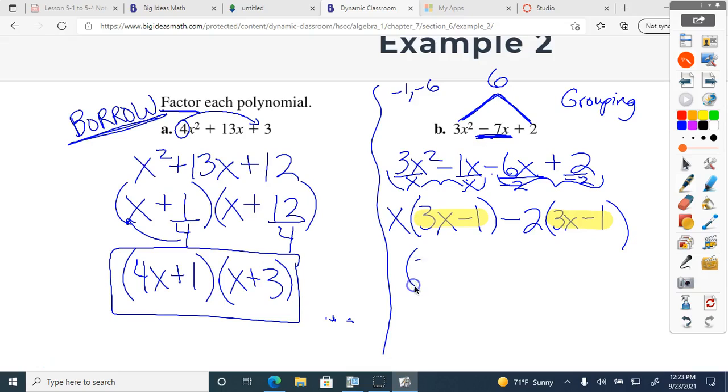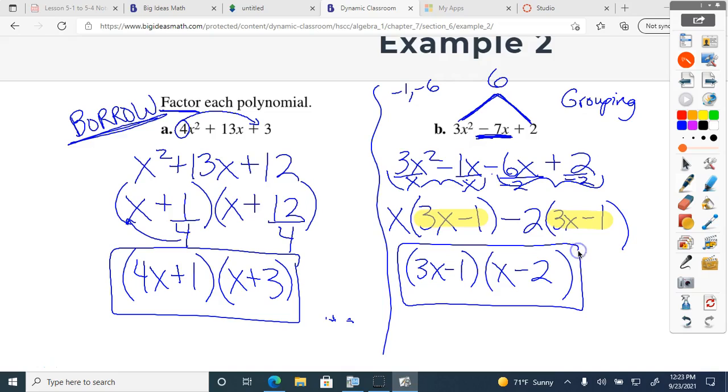So I'm going to move that 3x minus 1 to the front, and what's going to be left? X minus 2. Okay? These are the hardest factoring problems. I have good news, they don't really get any harder.